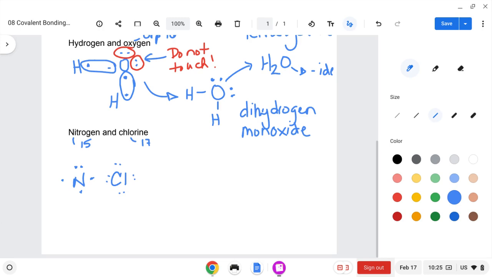Any single electrons are going to find themselves and pair up. Don't touch any electrons that are already bonded. So that tells me that on nitrogen, see how I have 2 singles left on nitrogen? I need 2 more chlorines to come on in and be able to bond to that nitrogen right there. And then here's my other chlorine.